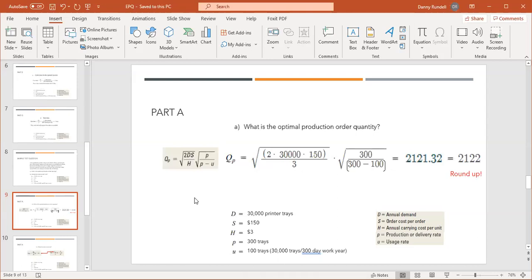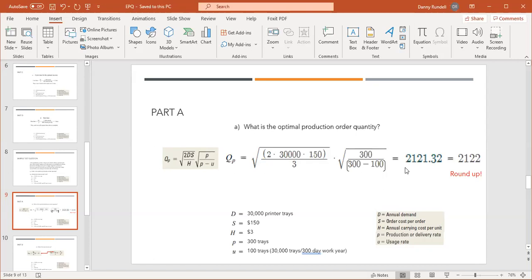So part A. We're just taking these numbers that we've associated with the correct variables and plugging them into this equation, again from that same table of inventory formulas. Have it in the correct form and do it in the correct steps, and you'll get 2,121.32.